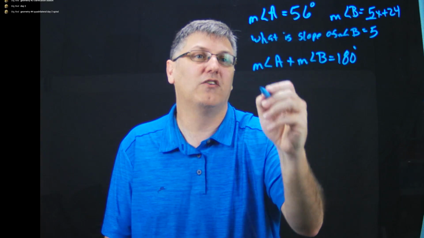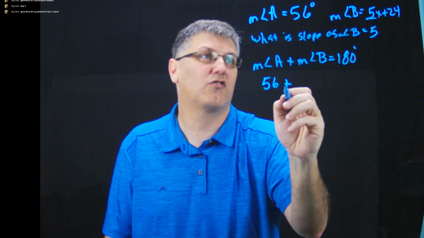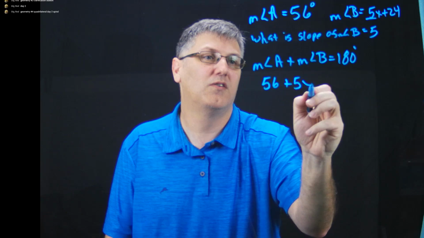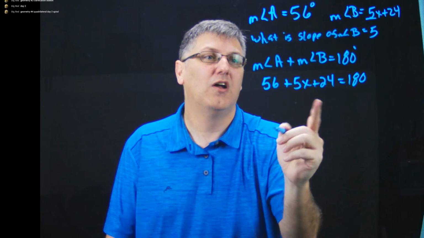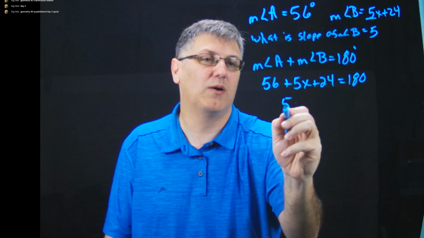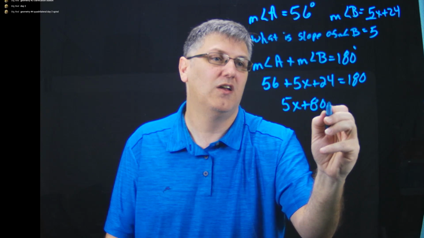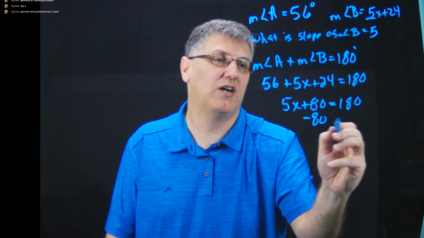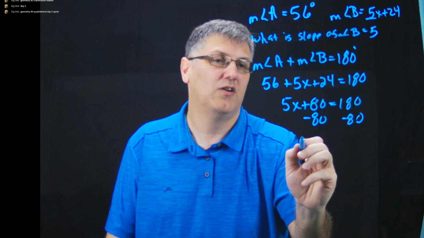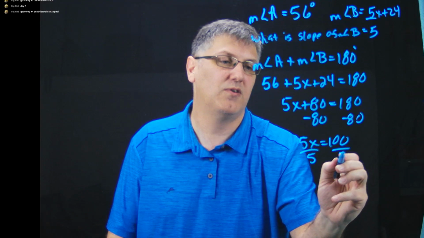We know the measure of angle A is 56, plus the measure of angle B is 5x plus 24, and that has to equal 180. Let's go ahead and combine like terms. I'm going to get 5x, 56 plus 24 makes 80, plus 80 equals 180. Subtract 80 from both sides. 5x equals 100, divide by 5.